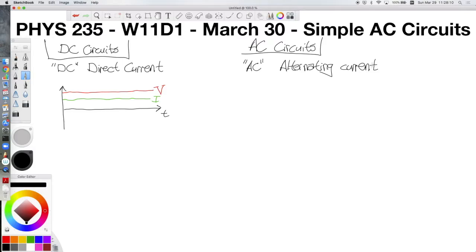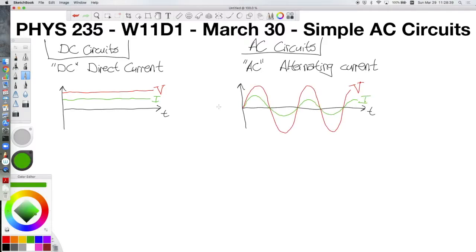So a corresponding graph for an AC circuit might look something like this, where both the voltage and the current vary over time. So at the beginning here we have positive voltage, meaning the battery is oriented some direction, and it sends current through in that same direction.